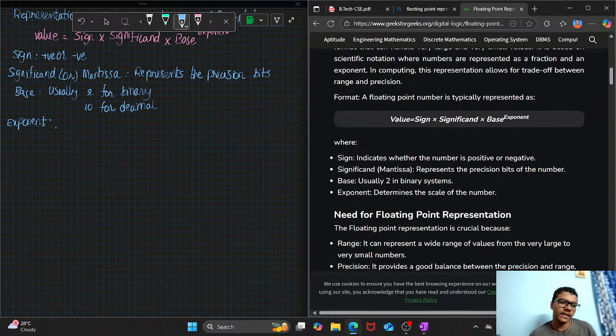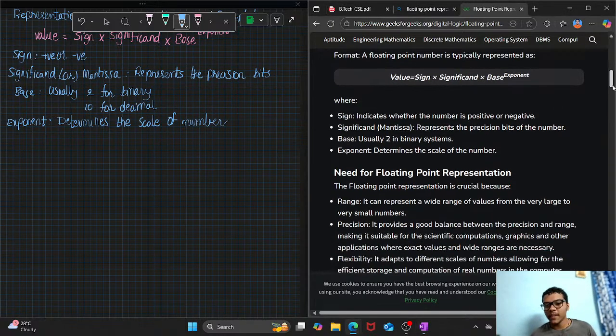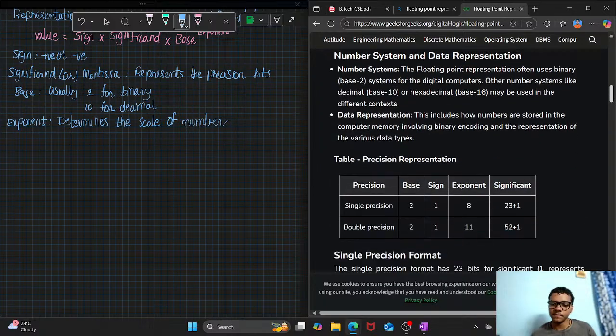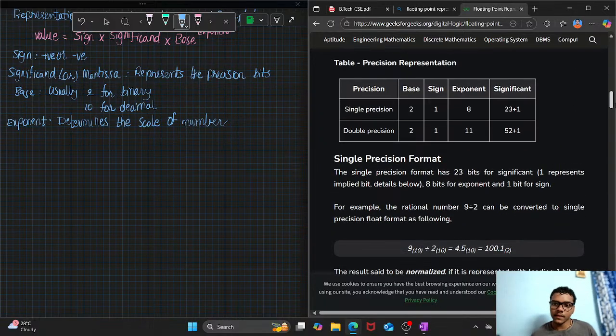It determines the scale of the number. So it says how big or how small the number is. That's it.